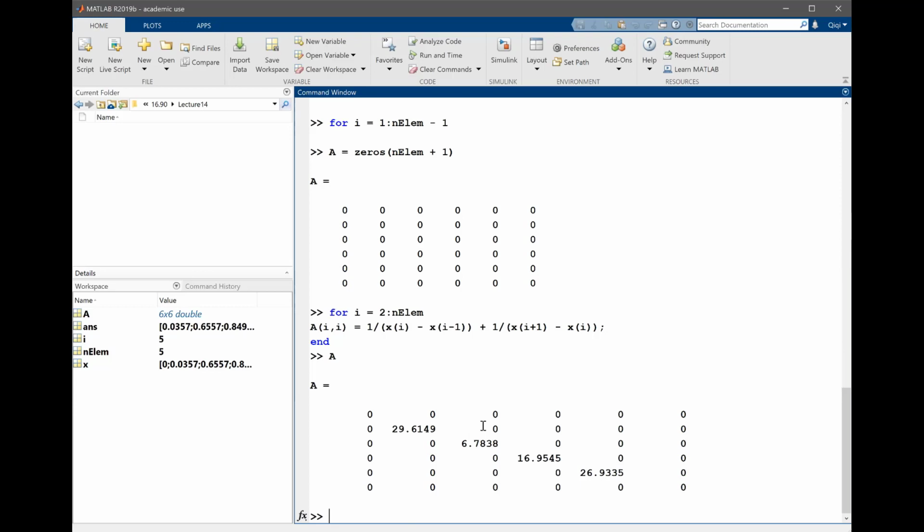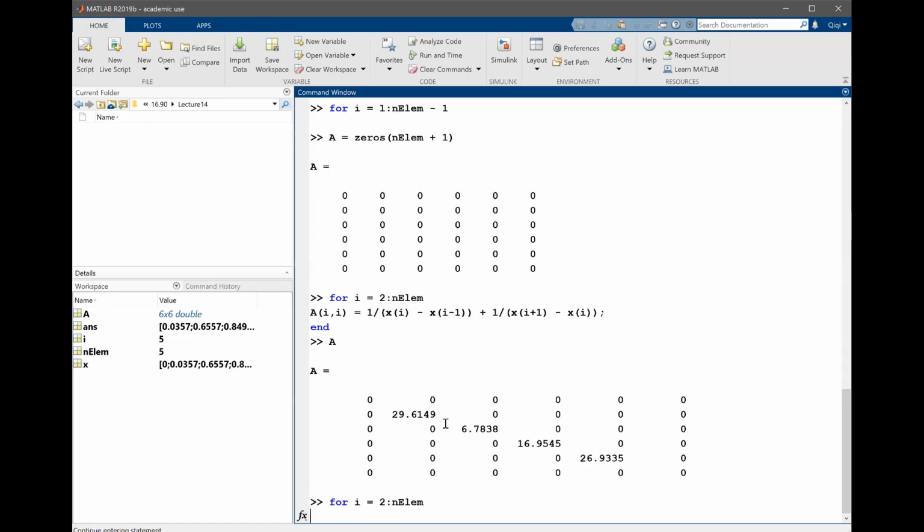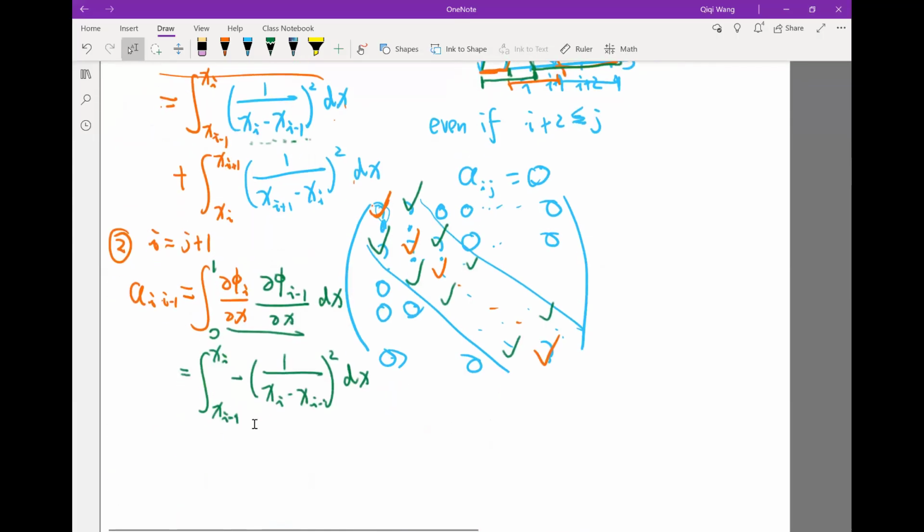I have to also fill out the 3 upper diagonals and 3 lower diagonals. So let's do the same loop again, i and i plus 1. It should be equal to what? Let's go back to the derivation again. This squared thing is also a constant.